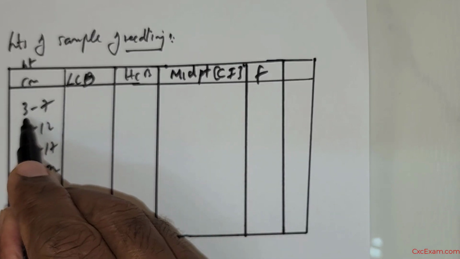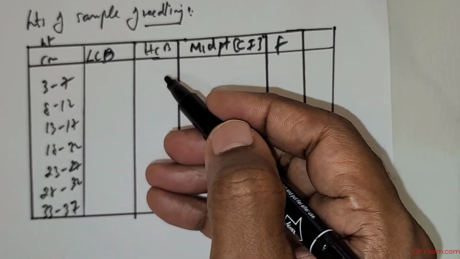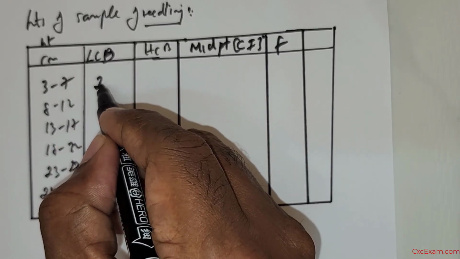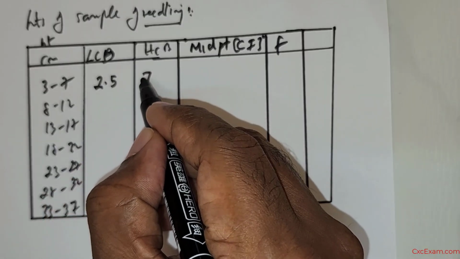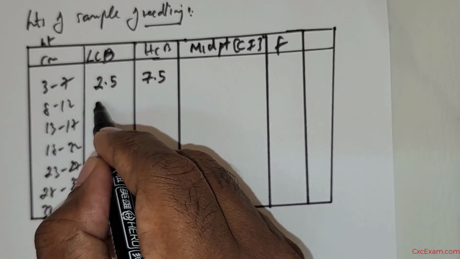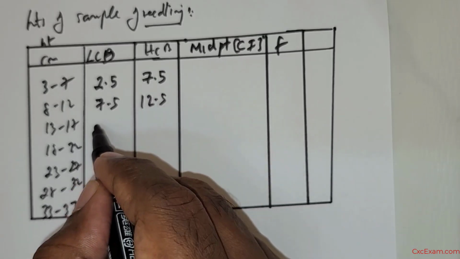So the class interval given here starts at 3 and it ends at 7. So my lower boundary will be 2.5, my higher boundary will be 7.5. In this case 0.5 less, so it's going to be 7.5, 0.5 more, 12.5.